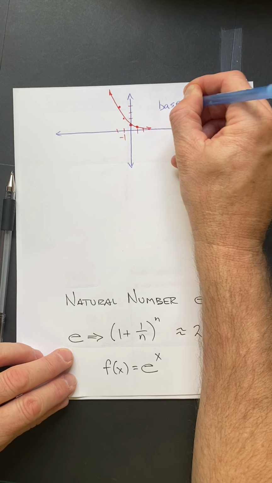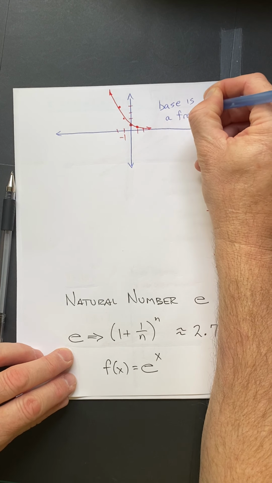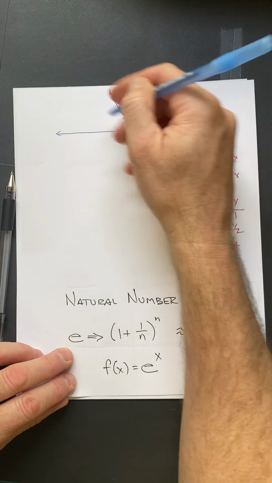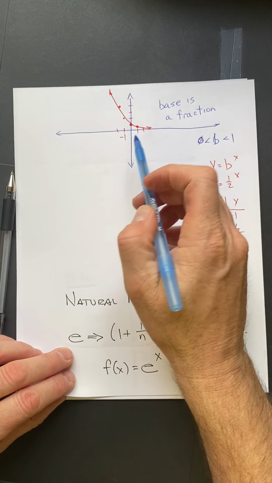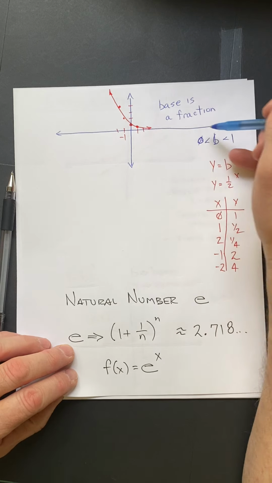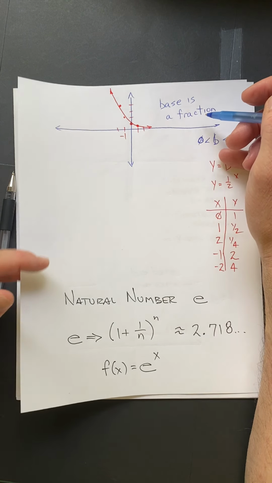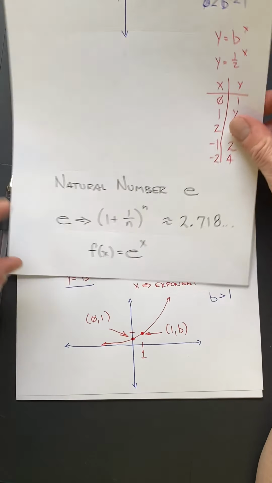My base is a fraction, so they're all going to have this shape where the increase is left of the y-axis, and the right side of the y-axis is where the x-axis acts as an asymptote.